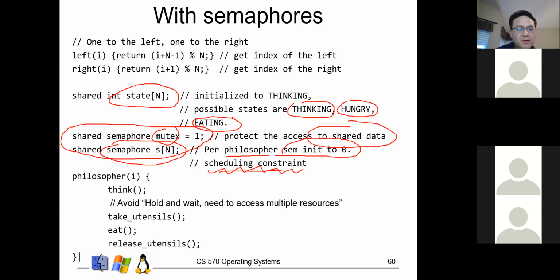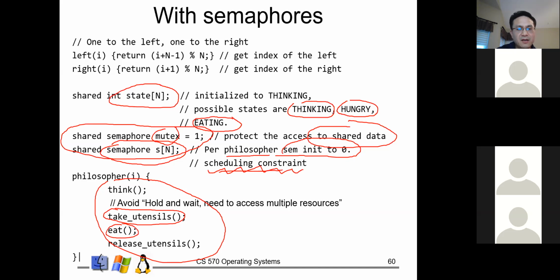All right, so the general process is quite straightforward, right? A philosopher will start thinking, and at a certain point, the philosopher would feel hungry, and try to acquire utensils first, and then the philosopher can eat, right?